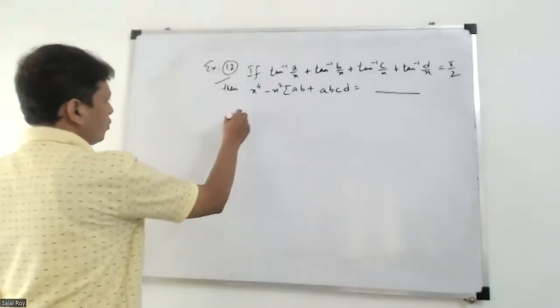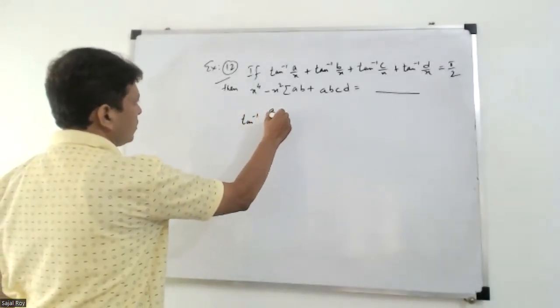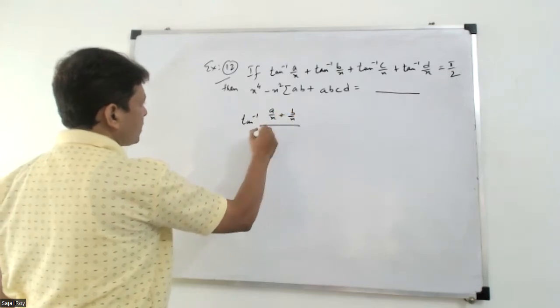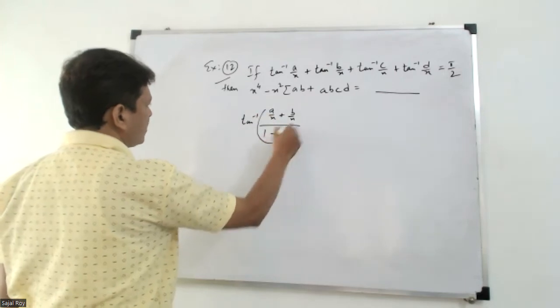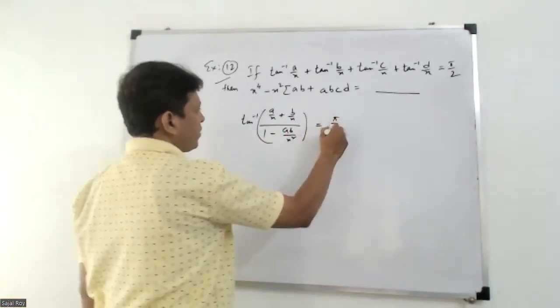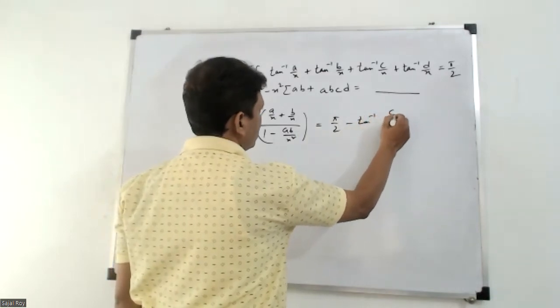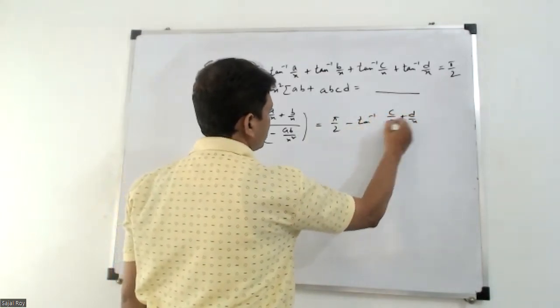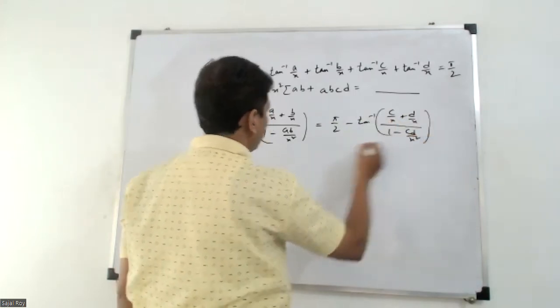Let me write tan inverse of (a plus x by b plus x) by (1 minus ab over x squared), and pi by 2 minus tan inverse of (c by x plus d by x) by (1 minus cd over x squared).